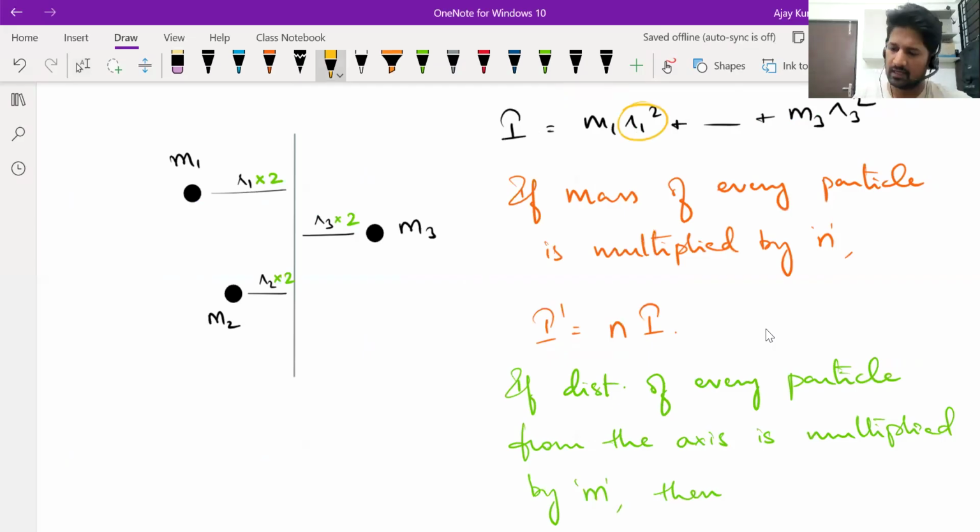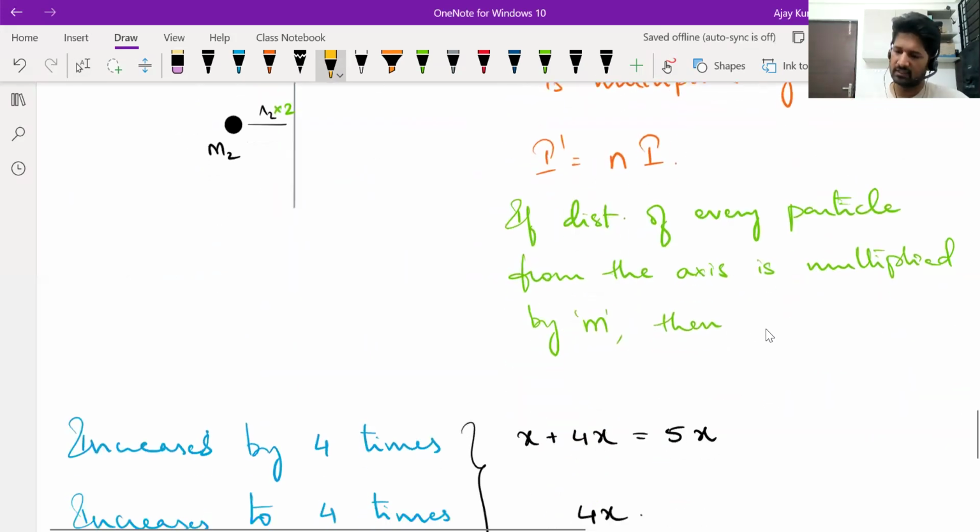See, R1, if it is doubled, it becomes 2R1 whole square, which is effectively 4R1 square. R3, if it is doubled, it becomes 2R3 whole square, which is 4R3 square. Like that, the square of every distance gets multiplied by 4, because every distance is getting multiplied by 2. Then the moment of inertia will become 4 times, or 2 square times.